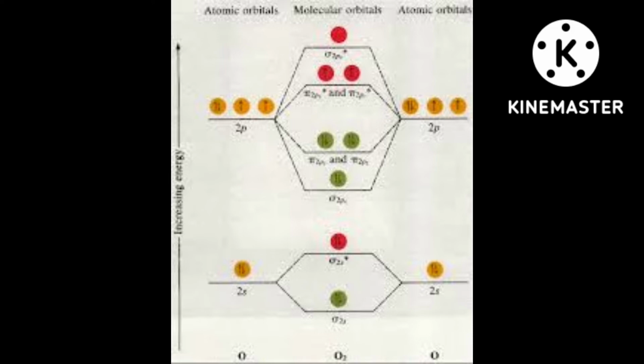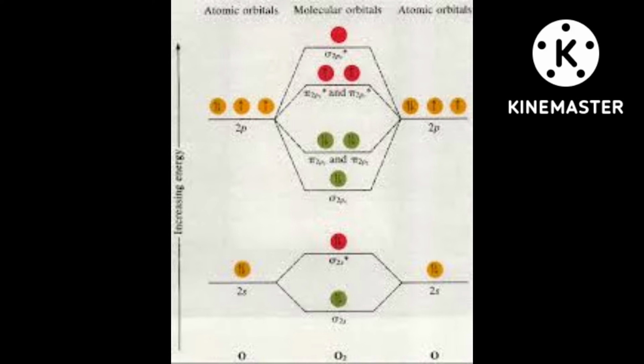Both are symmetrical. That's why they are overlapping and making molecular orbitals. Such molecular orbitals are of sigma type and are designated as sigma 1s.